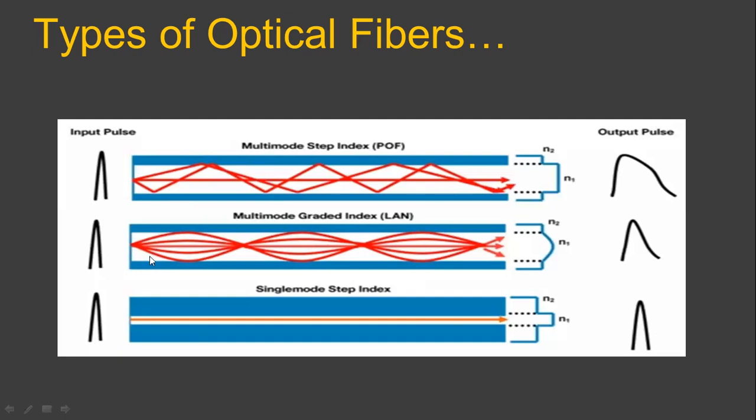It supports a large number of propagation modes of the light signals, and because of that reason, this is called the multi-mode fiber. And you can see many forms of the propagation of the signals inside the cable.